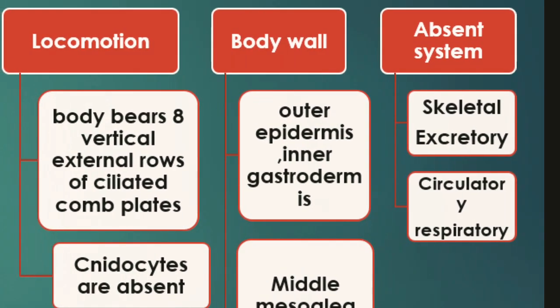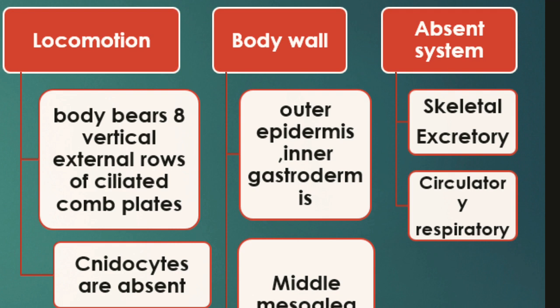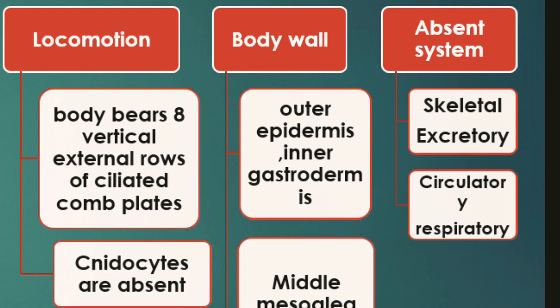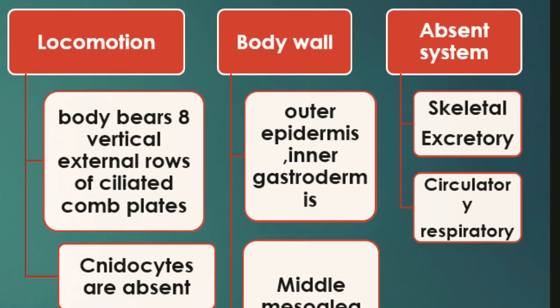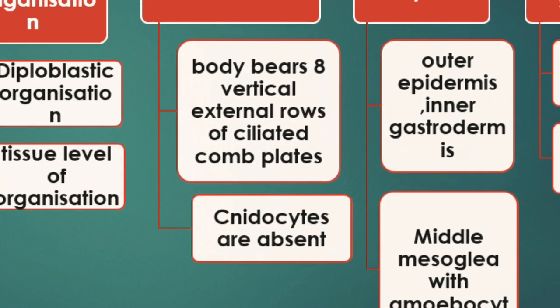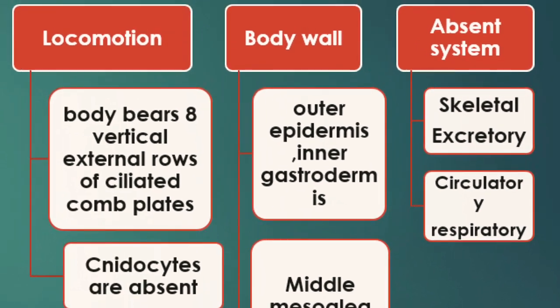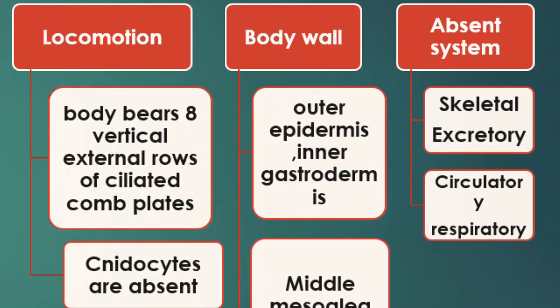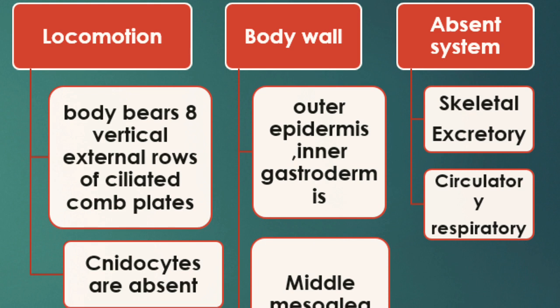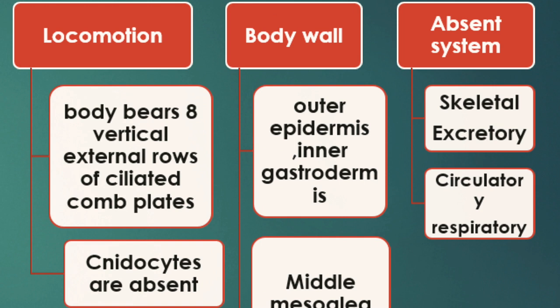Now coming to the absent systems, this is also very important, students. The skeletal system, excretory system, circulatory system as well as the respiratory system, all four systems are absent in their body. You have to learn that they have a tissue level of organization, as you studied, so they don't have specialized organs in their body like we have.